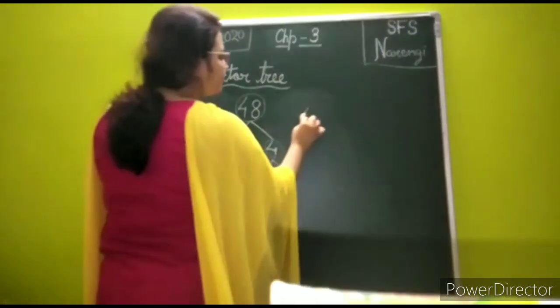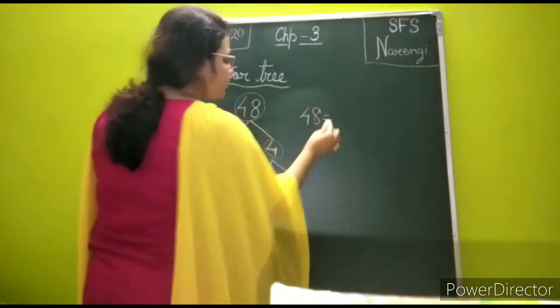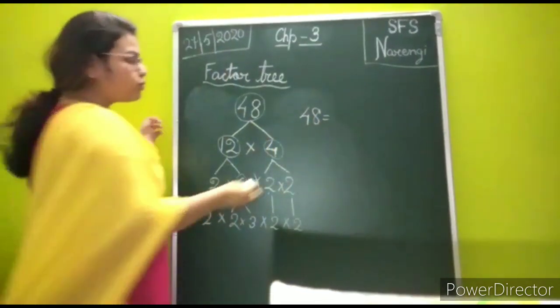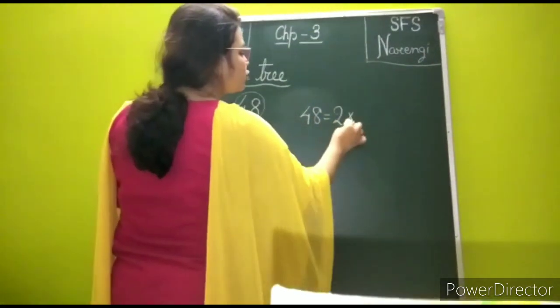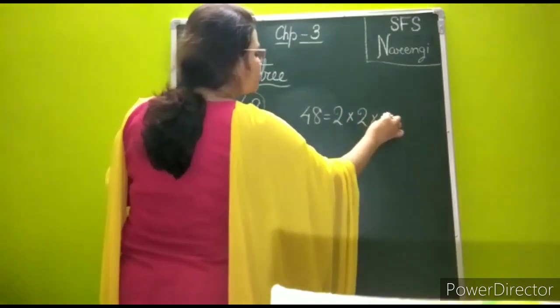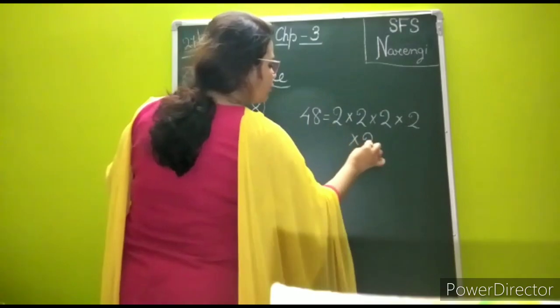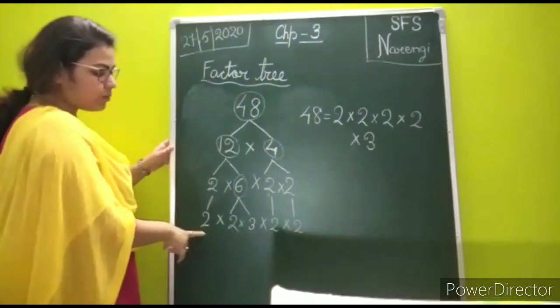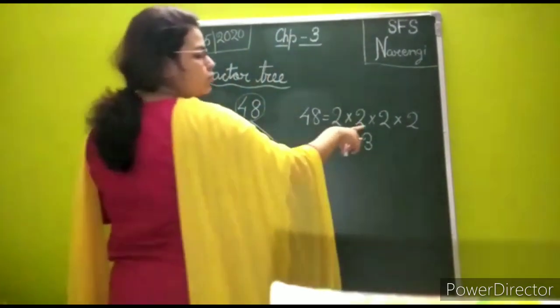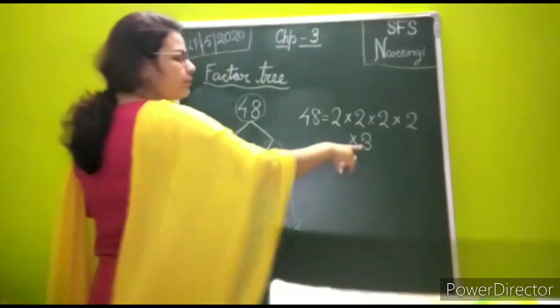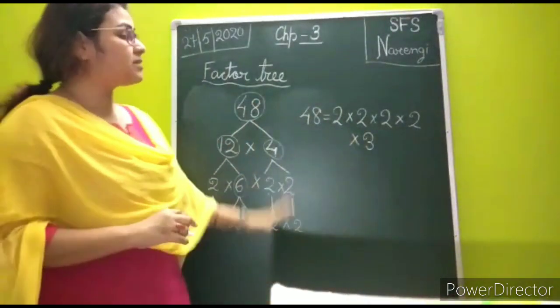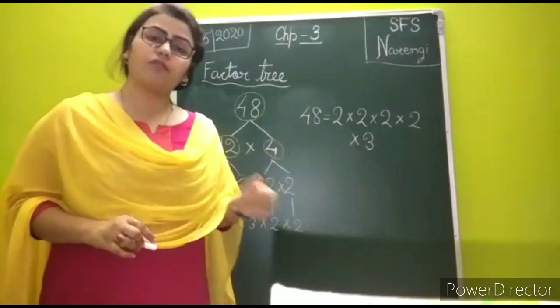So what will it be? 48 is equal to 2 into 2 into 2 into 2 into 3. How many 2s are there? 1, 2, 3, 4. And one 3. So this is the factor tree of 48.